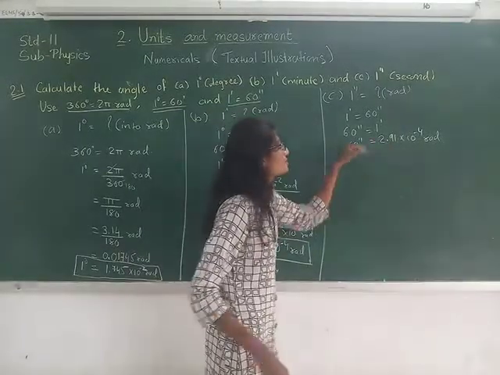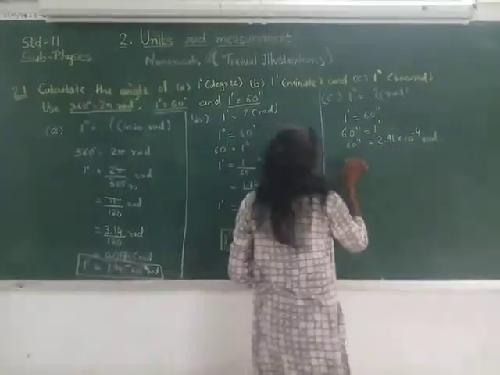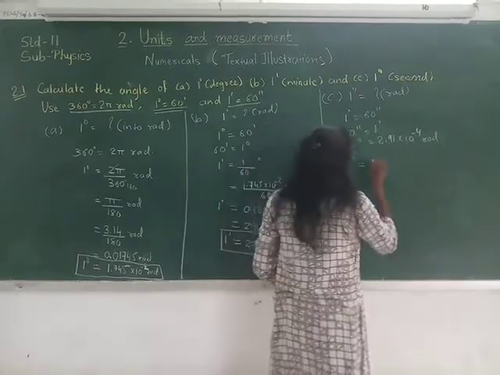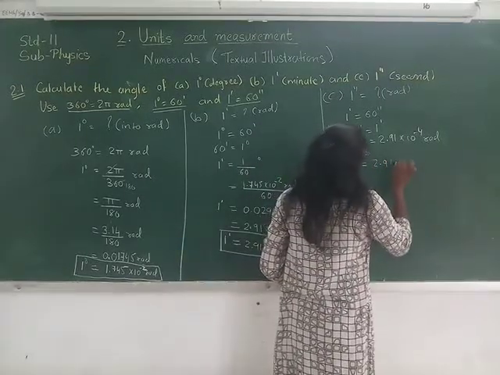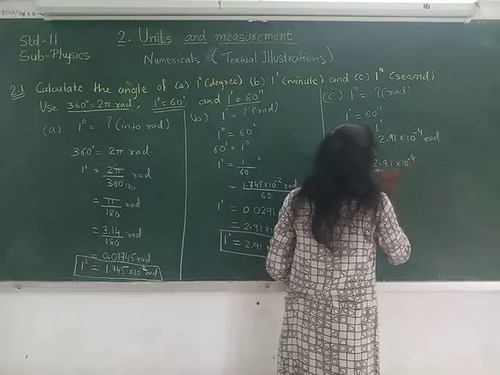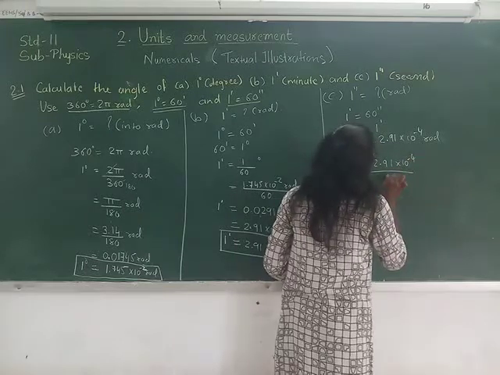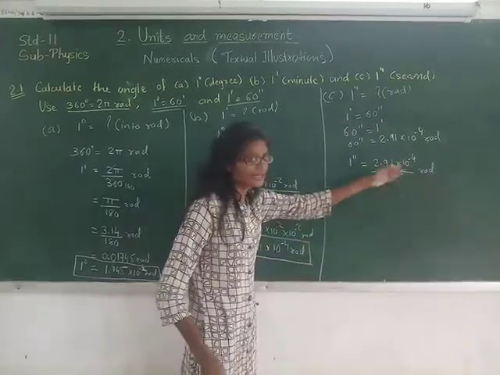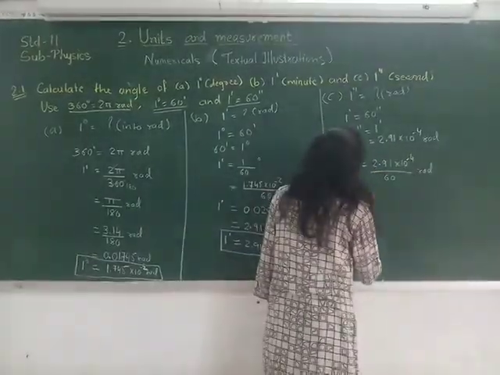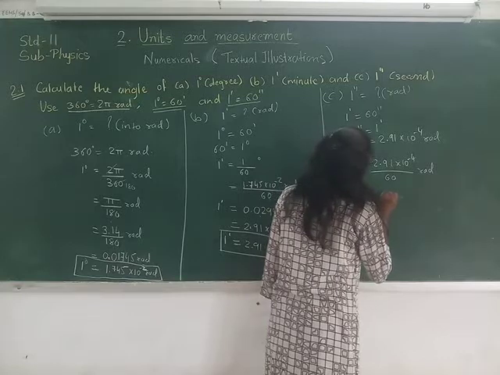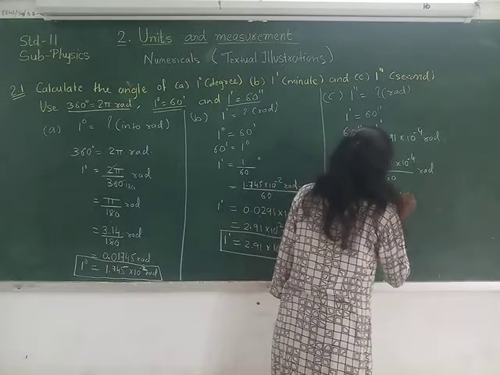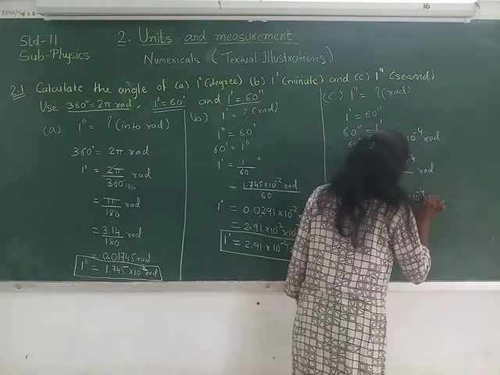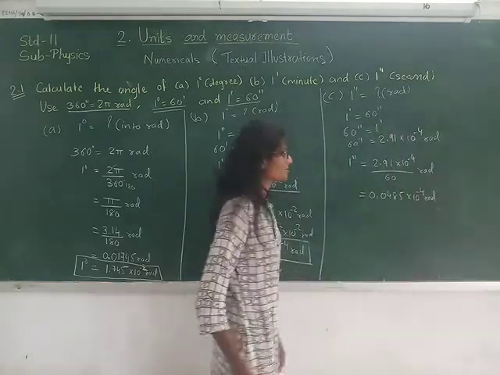So dividing both the sides by 60, we get 1 second equals to 2.91 into 10 raised to minus 4 upon 60. Right? When we divide this, we get the value 0.0485 into 10 raised to minus 4 radian.